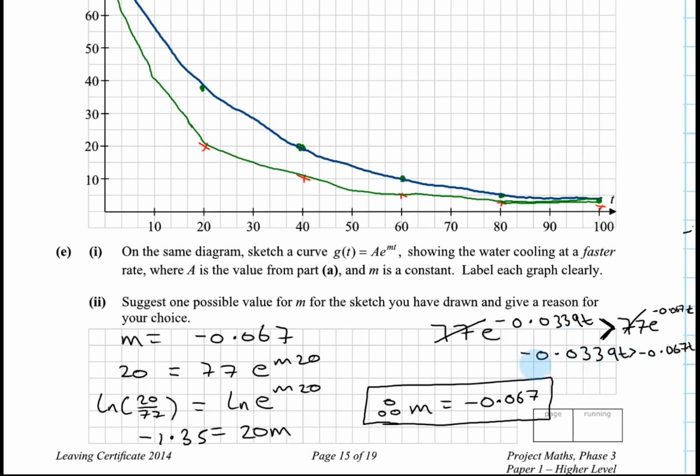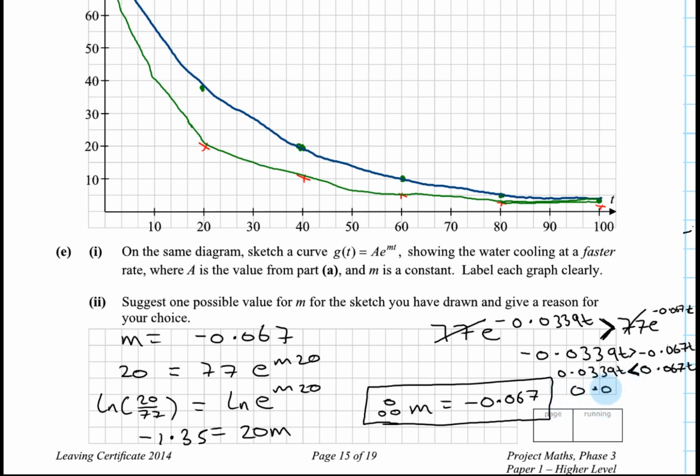So if we want to change these to a positive, whenever we change the signs, we have to change the inequality, so we get 0.0339 t is less than 0.067 t. So the t's can just basically cancel each other out because t has to be greater than or equal to 0.